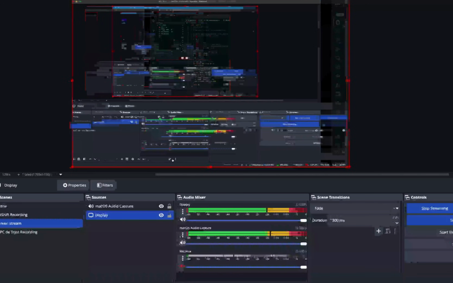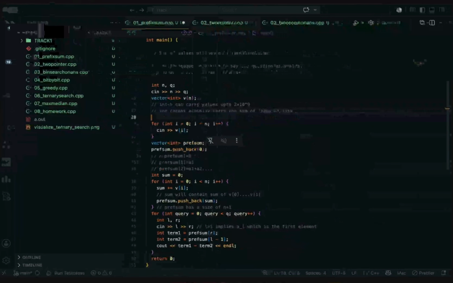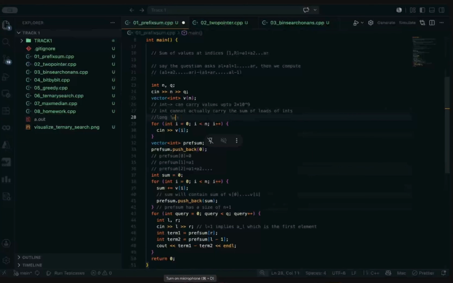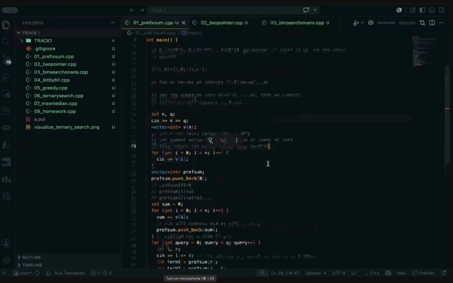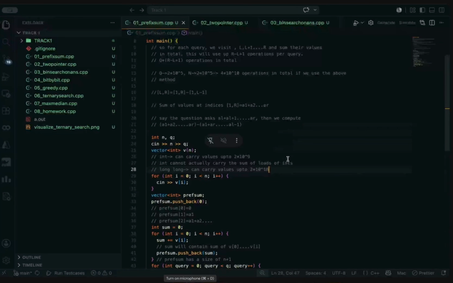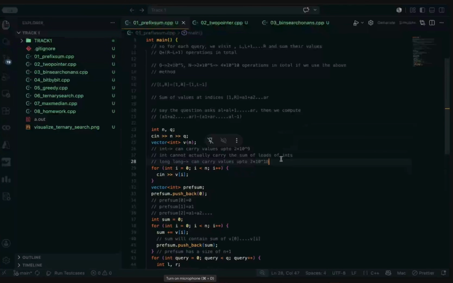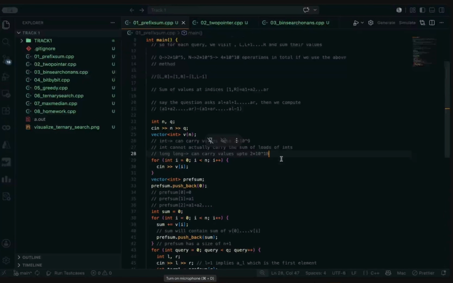So for this, we have another type of integer called the long int, or long for short. This can carry values up to about 2 times 10 to the power 18. Almost all competitive programming problems are designed such that the values in the intended solution fit in this limit.